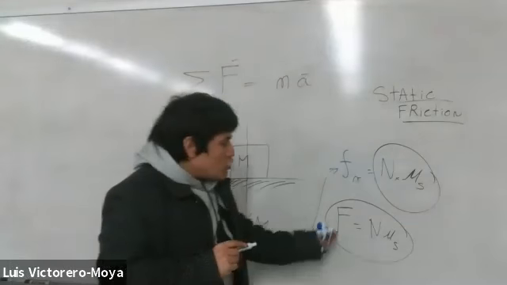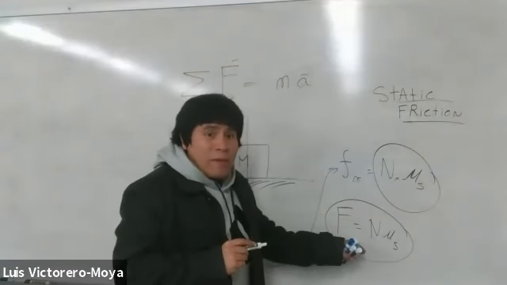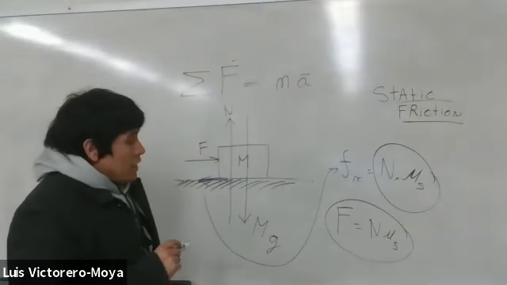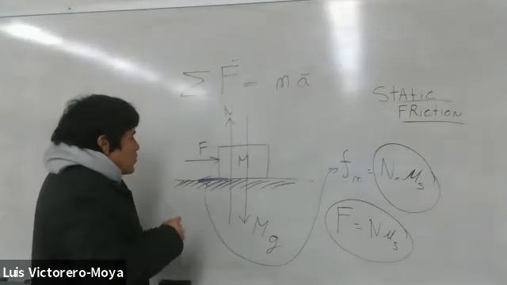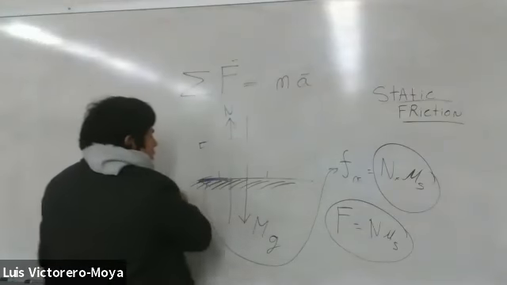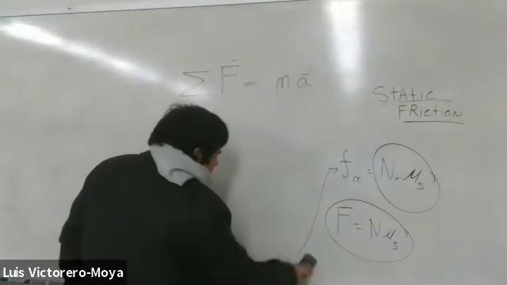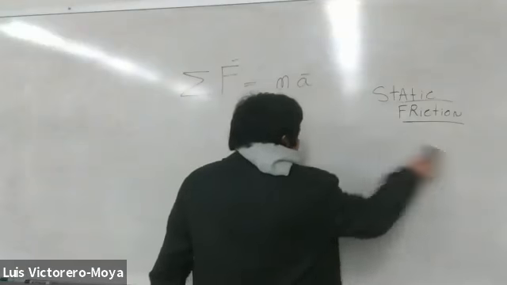By the way, once the object starts moving, the static friction stops acting, but there is still some sort of friction. That's when you have kinetic friction. It's a quick summary, I know, but I think it's a good way to summarize static and kinetic.